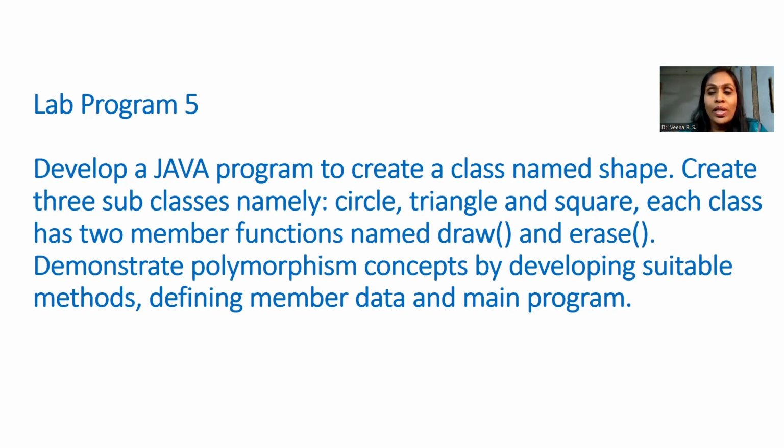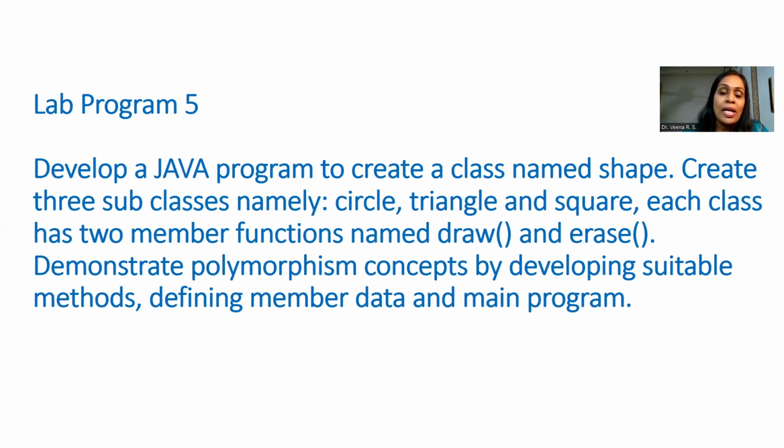And it also demands that each particular subclass should have two methods or two functions called draw and erase. So draw method of circle will work with drawing the circle. Erase method of circle will work with erase of the particular subclass object, that is circle. So how do you do that?